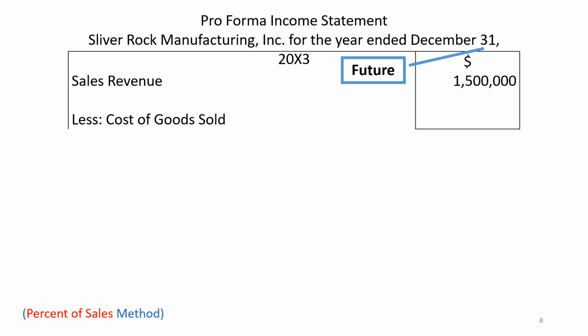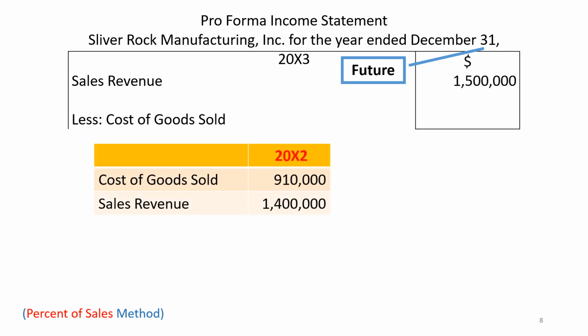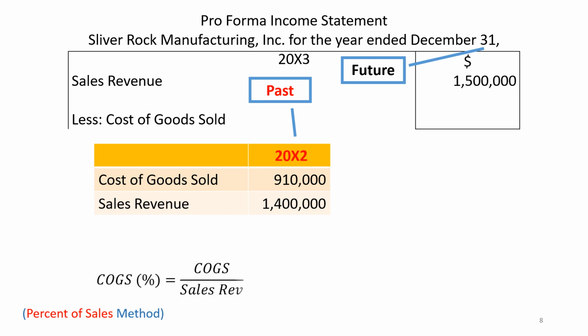Let us find the value for cost of goods sold. Refer to the table. You can see cost of goods sold and sales revenue for the year 20X2. Next, find cost of goods sold percentage, equal to cost of goods sold divided by sales revenue. Use the figures from 20X2 and we find that the answer is 65%.